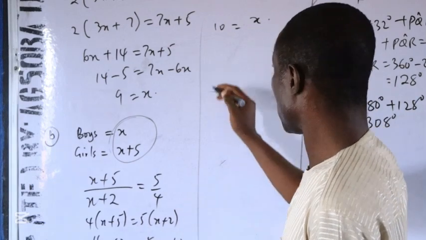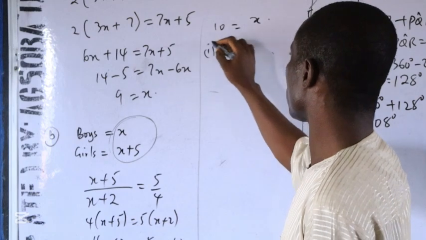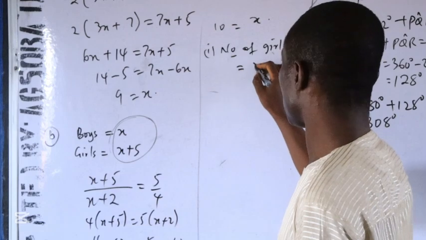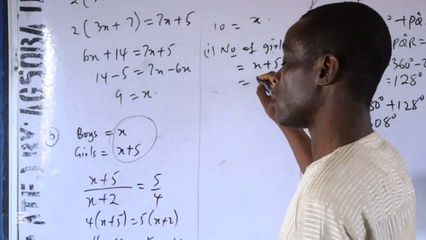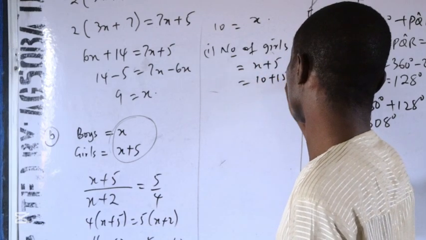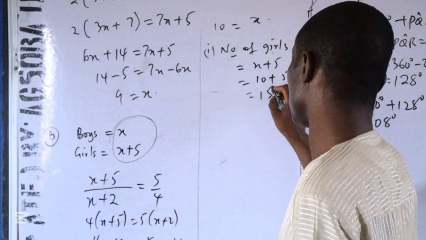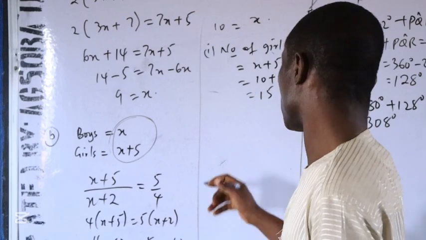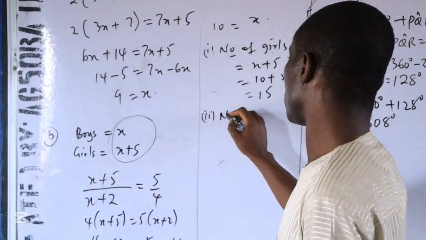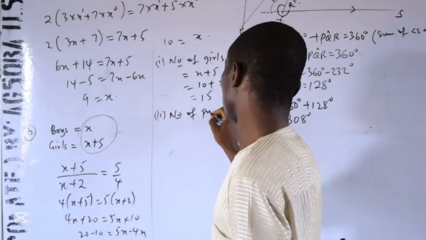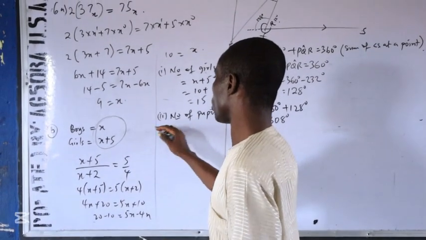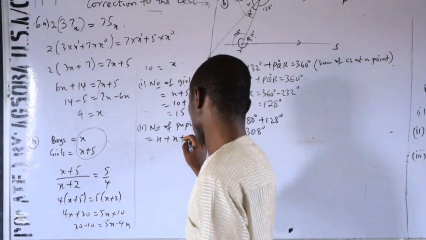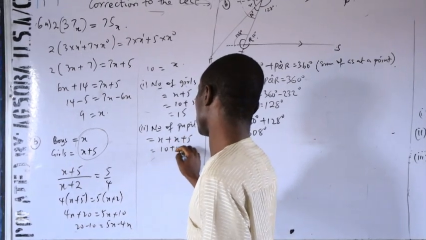So if 10 is equal to S, the question is 1, the number of girls in the class. Number of girls is equal to S plus 5, and that is 10 plus 5, and that is 15 girls. Then 2, the number of pupils in the class is equal to S and S plus 5, and that's 10 plus 10 plus 5.